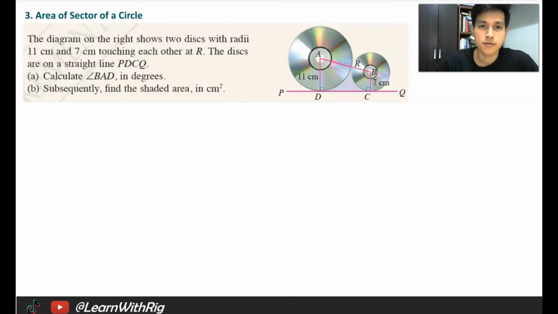So the diagram on the right shows two discs with radii 11 cm and 7 cm touching each other at point R. The discs are on a straight line PDCQ. Calculate BAD in degree. So let me redraw this. You got basically like a trapezium.